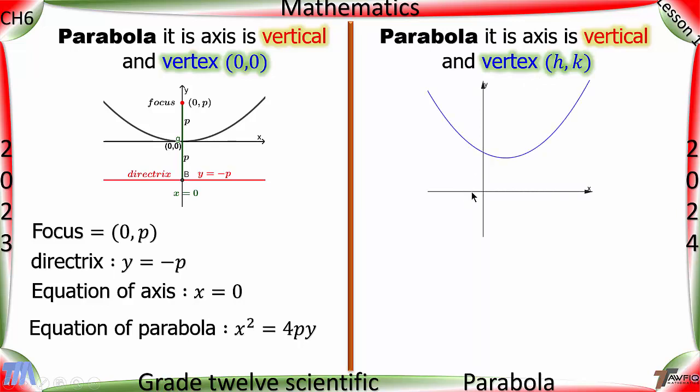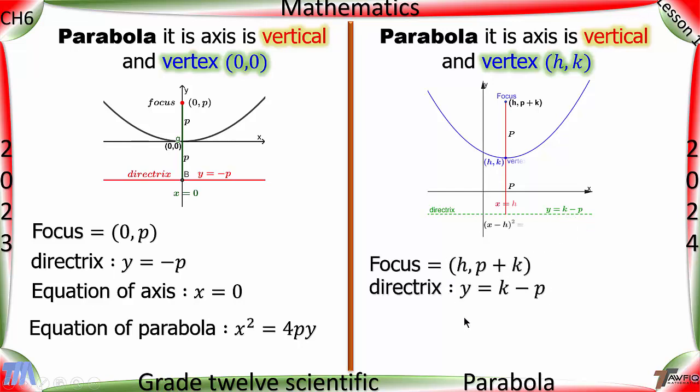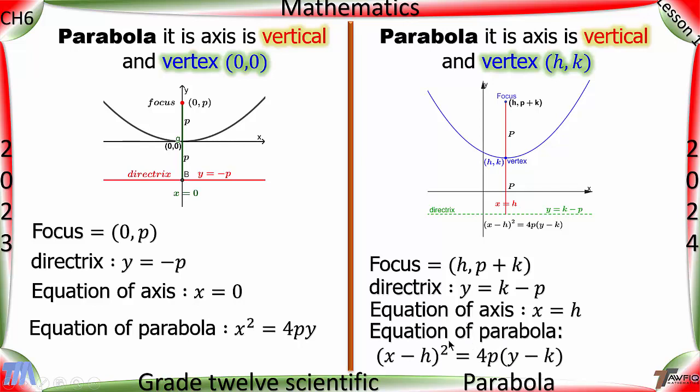The graph looks like this, and the directrix is parallel to the x-axis, and the focus is (h, p plus k), and the directrix is y is equal to k minus p, and the axis is x equal to h, and the equation of the parabola is (x minus h) squared equals 4p(y minus k).